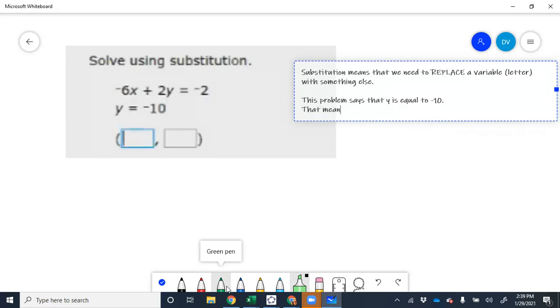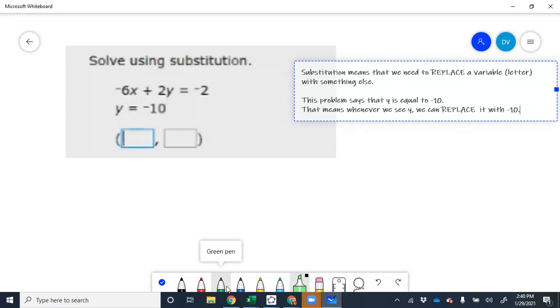That means whenever we see y, we can replace it with -10.